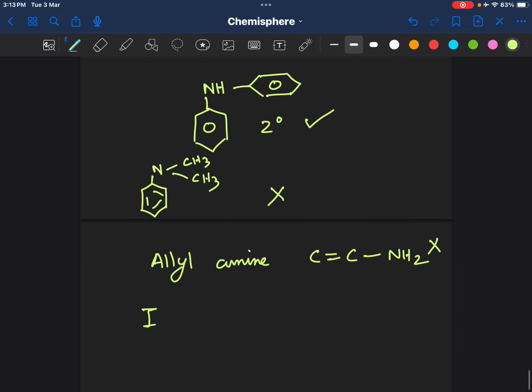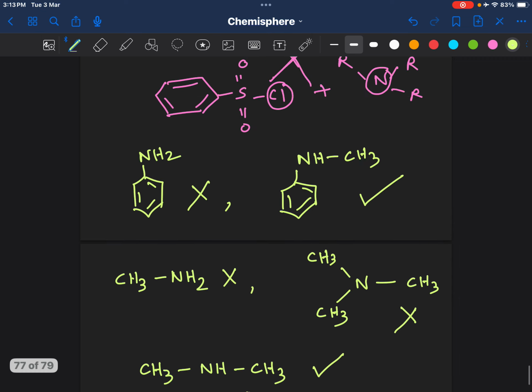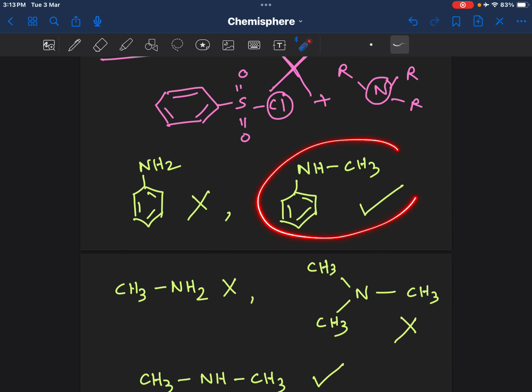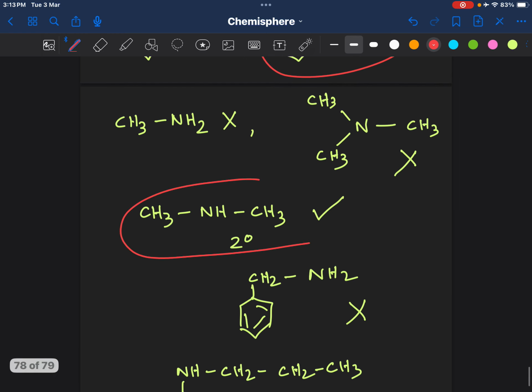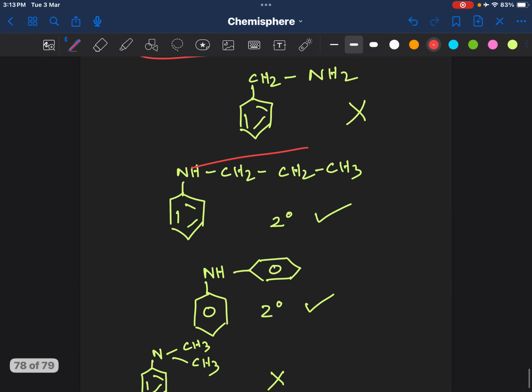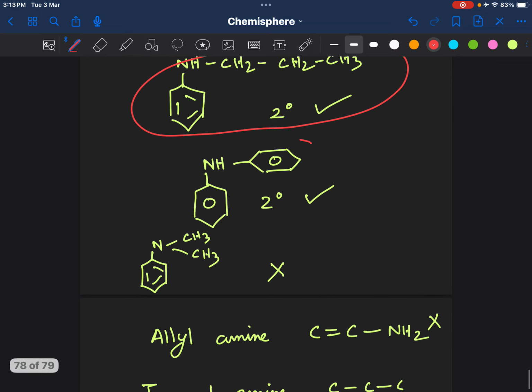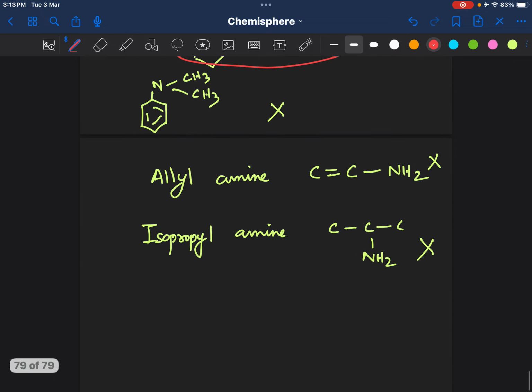And the last one is isopropyl amine, CCCNH2 type. Again this is primary, not going to work. So we can see that there are 4 of them: this is the first one, this is the second, this is the third, and this is the fourth. So the answer is going to be 4.